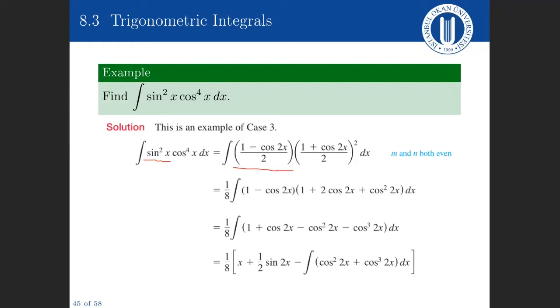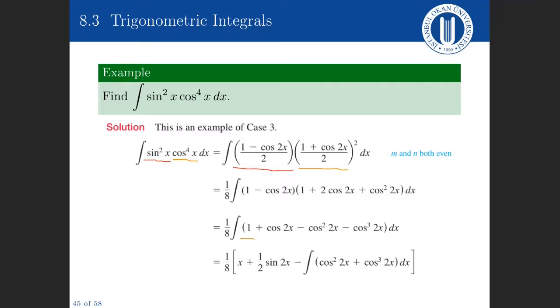Sine squared x is the same as 1 minus cos 2x over 2, and cos to the power 4 x, or cos squared x and then squared again, is the same as 1 plus cos 2x over 2, all squared. And then it becomes much easier.